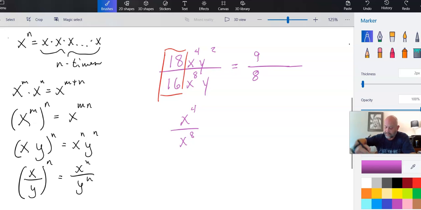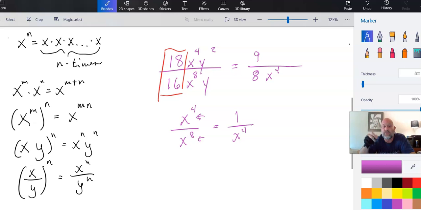I'm going to reduce it and then figure out whether the leftovers are on top or bottom. I have 4 on top and 8 on bottom, and the 4 on top are going to cancel 4 out of the bottom. So I'm going to have a 1 left on top and x to the fourth on the bottom, which means the x to the fourth goes here.